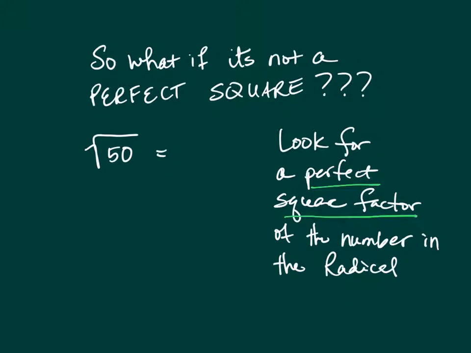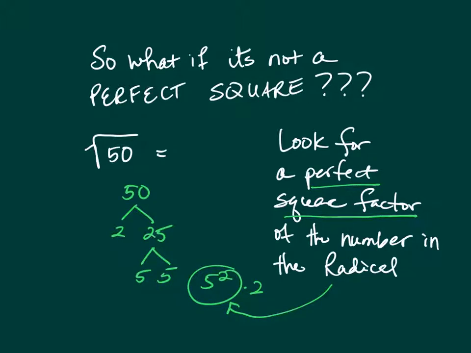So if we did a factor tree for 50, we would see that 5 squared times 2 is 50. And there's your perfect square right there, 5 squared. So if there is a perfect square underneath the radical, there is something that you can do, and we'll see what you do next.